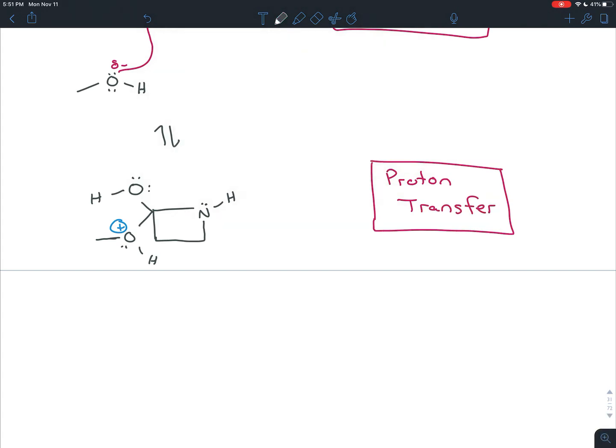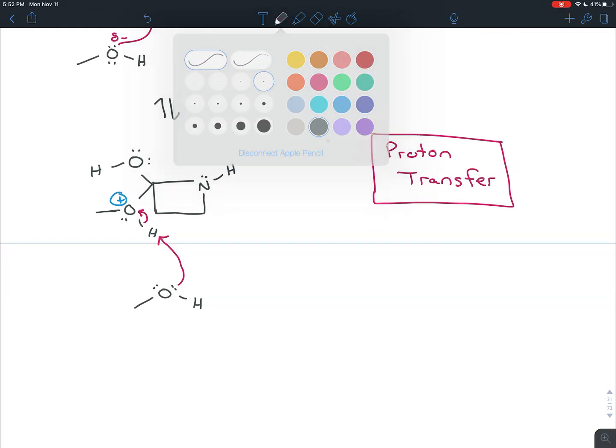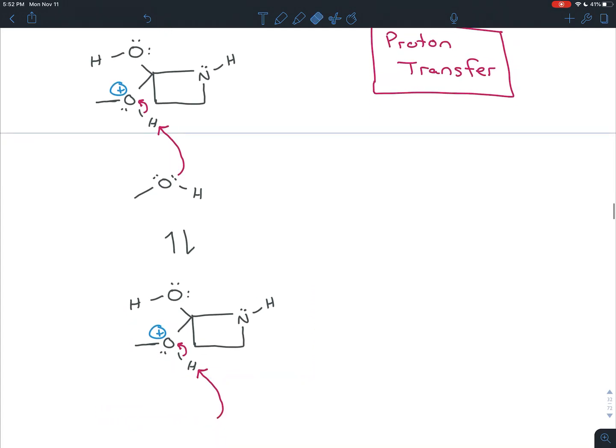So if we take another methanol, the slightly negative oxygen on that methanol will steal the slightly positive hydrogen on what was our nucleophile. The electrons will snap back toward the oxygen where they can stabilize the positive charge. So after that proton transfer, we now have a stable tetrahedral intermediate.